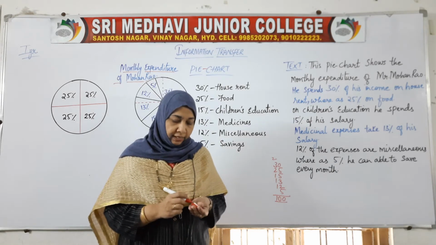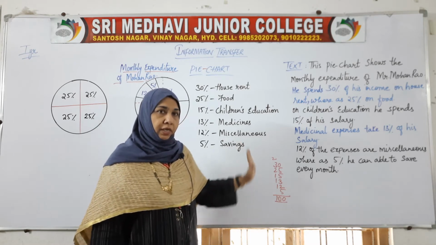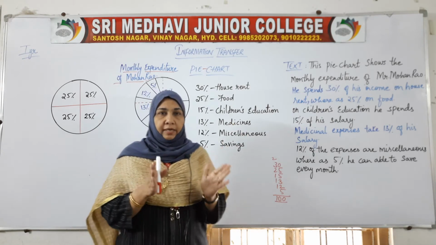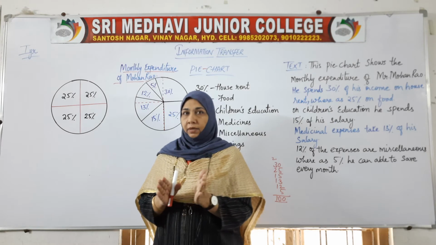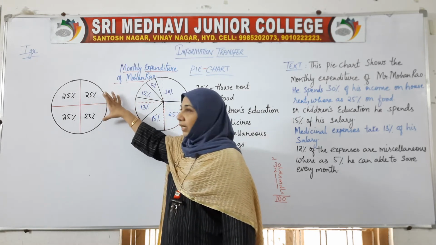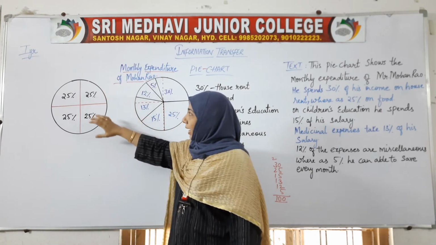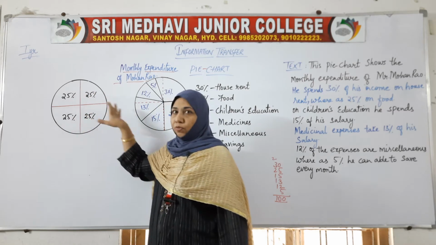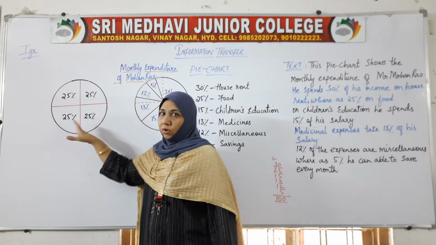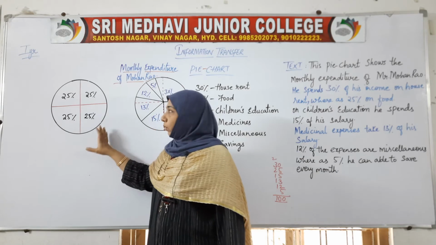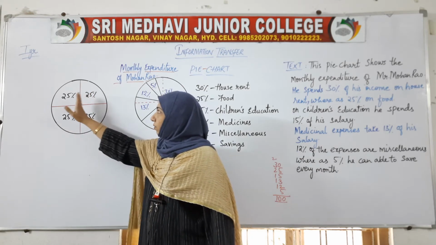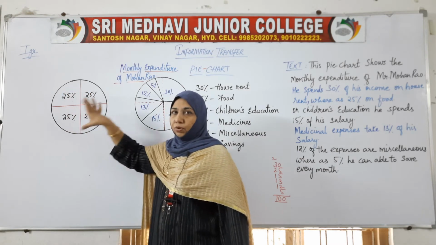Now this 100% you have to divide and make a pie chart. First understand how the pie chart could be. The pie chart is in a circular form, and if you divide it into 4, you get 25 on each side. 25, 25, 50, 25, 25, 50, it could be 100.